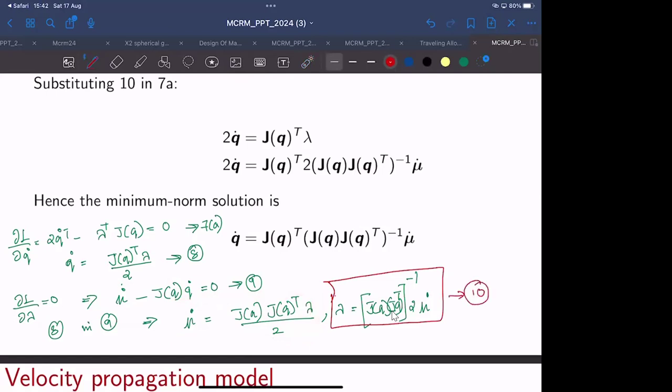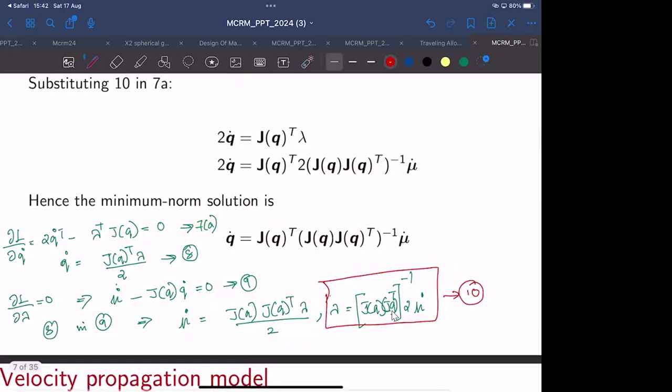Okay, and if I substitute this lambda from equation 10 back into equation 8, I'm sorry if I'm making a bit of a mess. Substituting equation 10 in equation 8, Q dot would be J of Q transpose by 2, and instead of lambda, I'll write this term: the inverse of J of Q J of Q transpose multiplied by 2 mu dot.